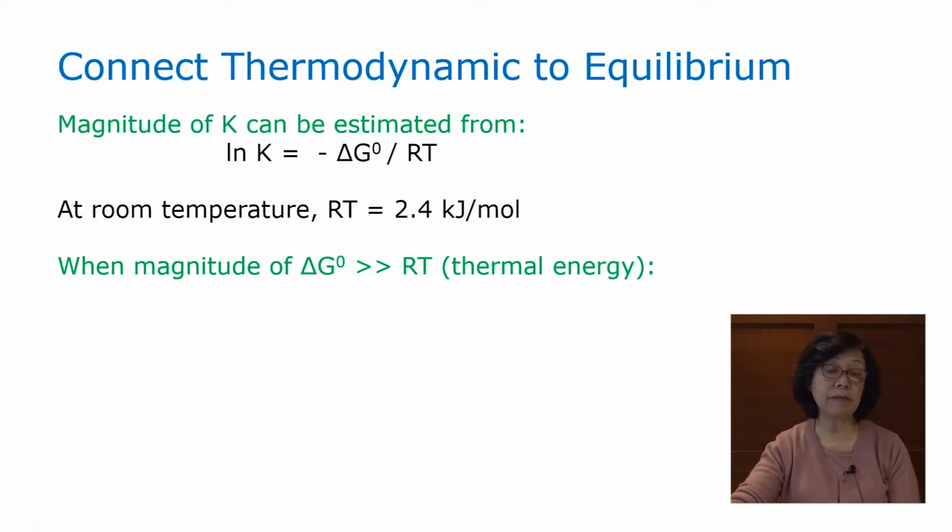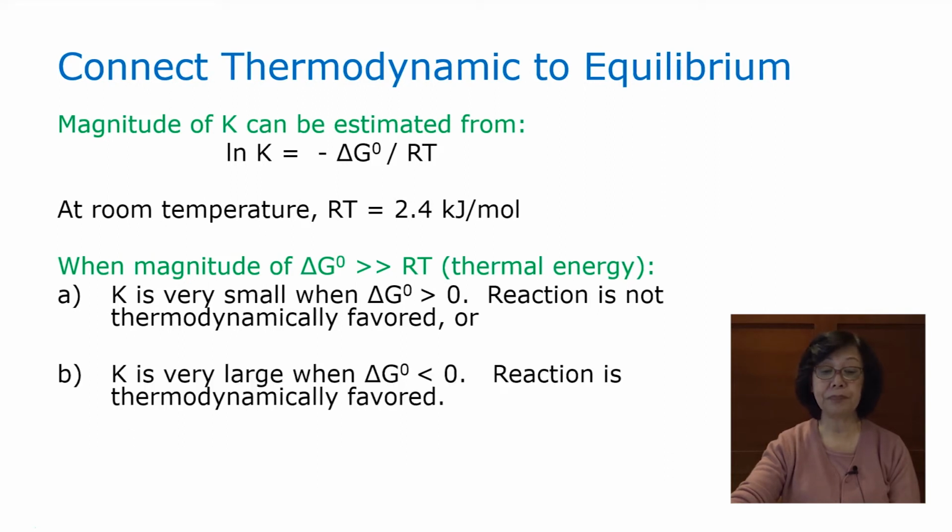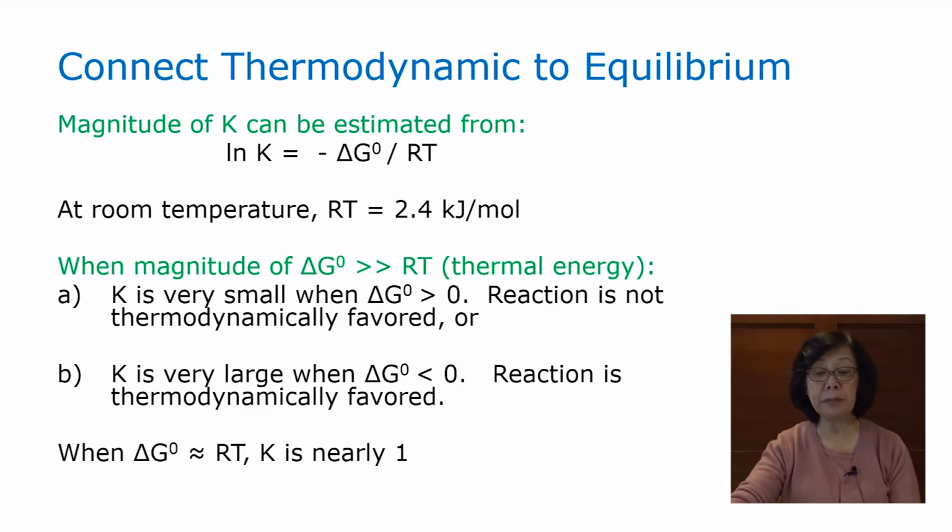When the ΔG0 value is much greater than RT, the thermal energy, K could be very small if ΔG0 is positive. That means the reaction is not thermodynamically favored. Or another way is that K can be very large if ΔG0 is negative. That means the reaction is thermodynamically favored. Now we need to keep this in mind. When ΔG0 is approximately equal in magnitude to RT, K is nearly 1.